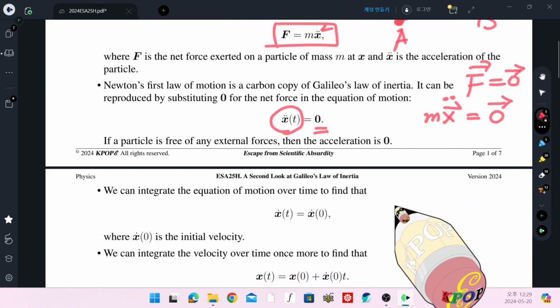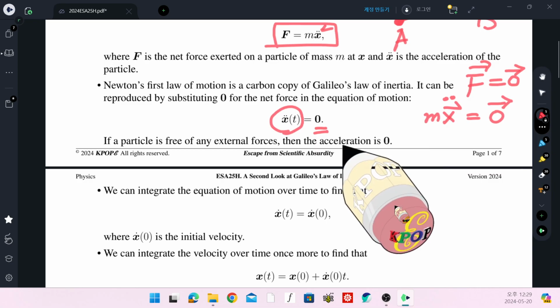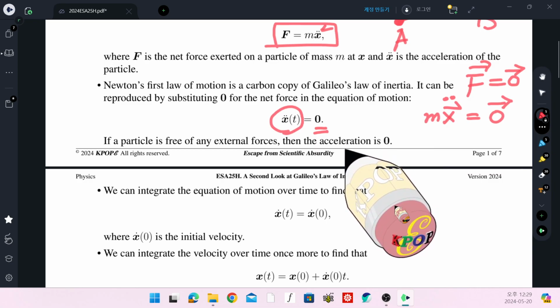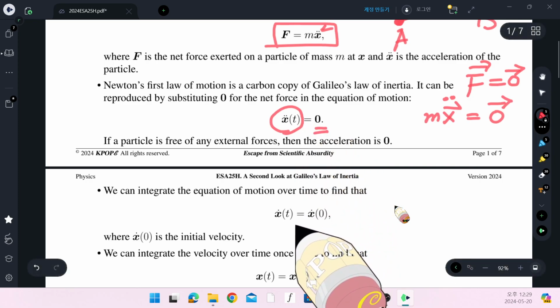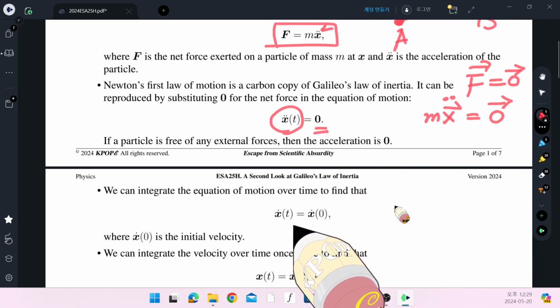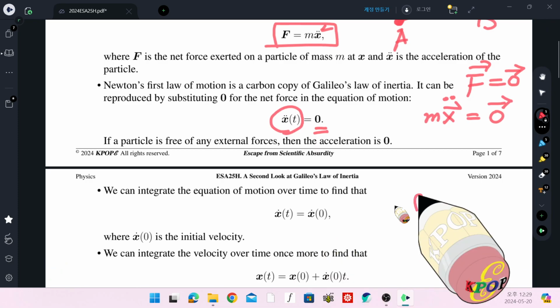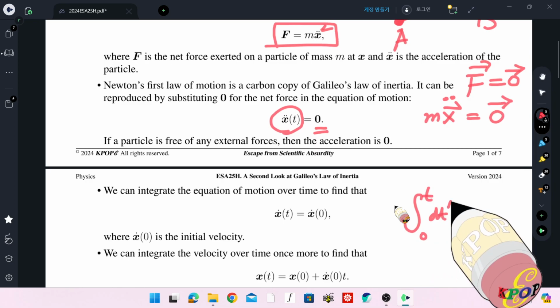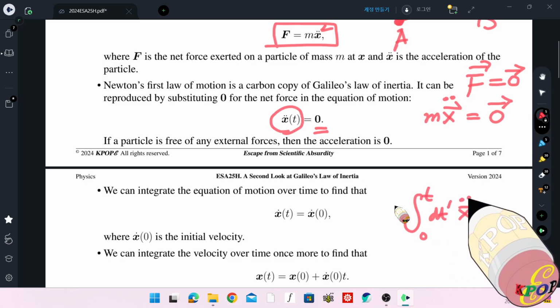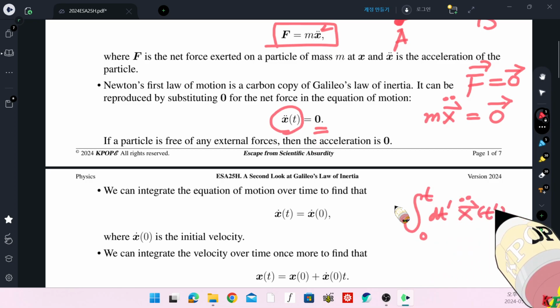It is trivial to find the definite integral from time t equals 0 to a certain time t. The result is the integral from 0 to t of dt prime x double dot of t prime.